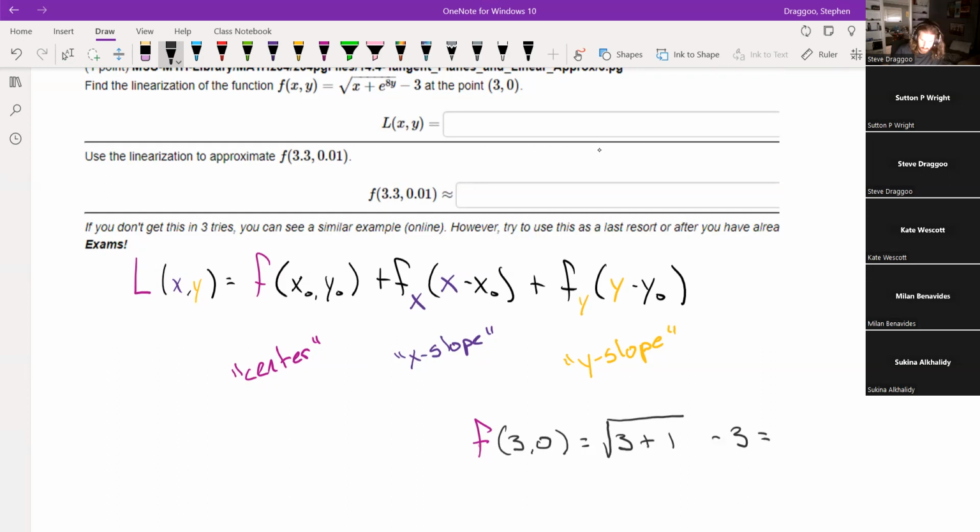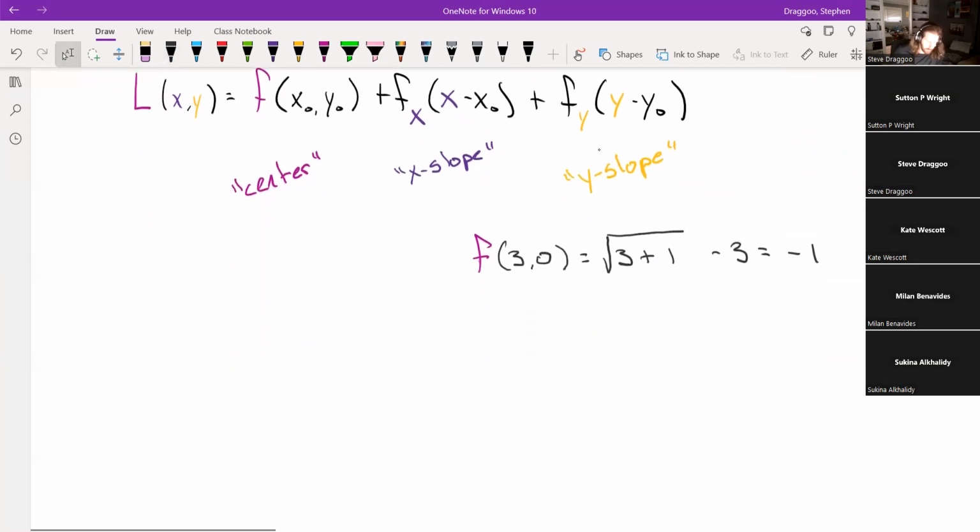That is the square root of 4, which is 2. And 2 minus 3 is negative 1. If I can be trusted to do some of that simple math. Pretty sure that's what it comes out to. Right, so that's our centerpiece. We've got the first term of our linearization.